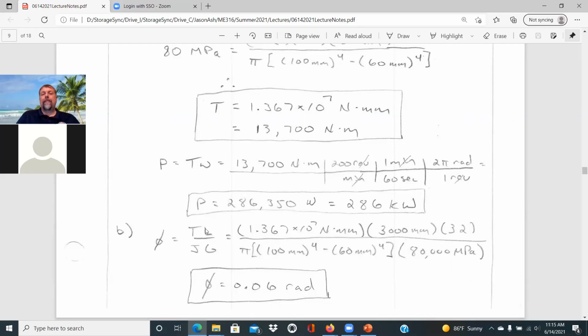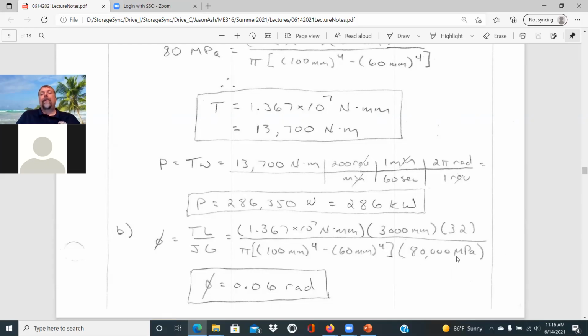When I calculate the angle of twist, I'm going to use the Newton millimeter one so that our angles will come out properly. But then that's times the length, 3,000 millimeters, J pi over 32. So 32 got placed on top. 100 millimeters to the 4th minus 60 millimeters to the 4th, and G 80,000 megapascals.